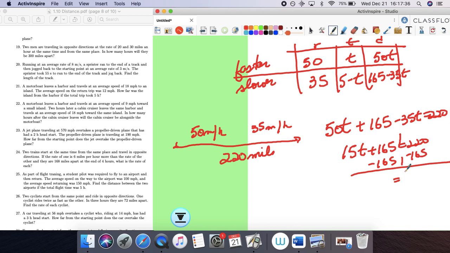One second. 15t. What is wrong here? 5 times 5, 25. This is 175. I apologize, not 165. So 175.